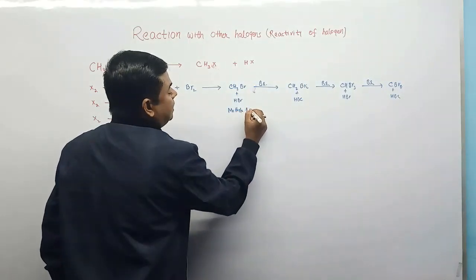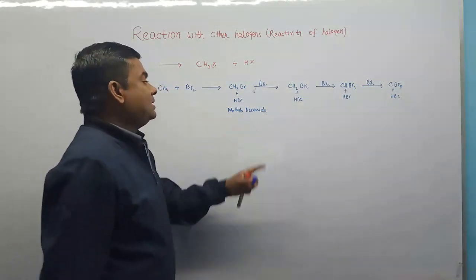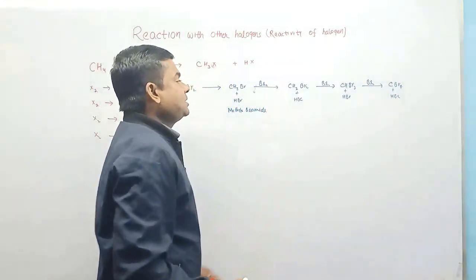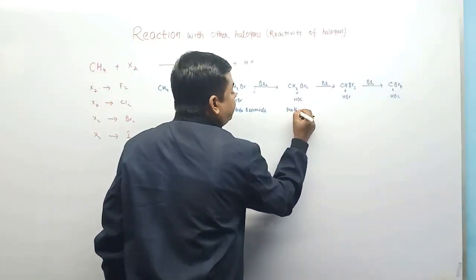the name is methyl bromide. In the second step of bromination we get CH2Br2, that is methylene bromide.